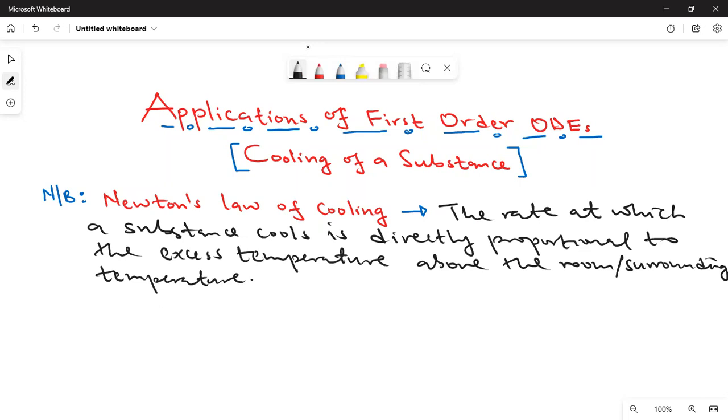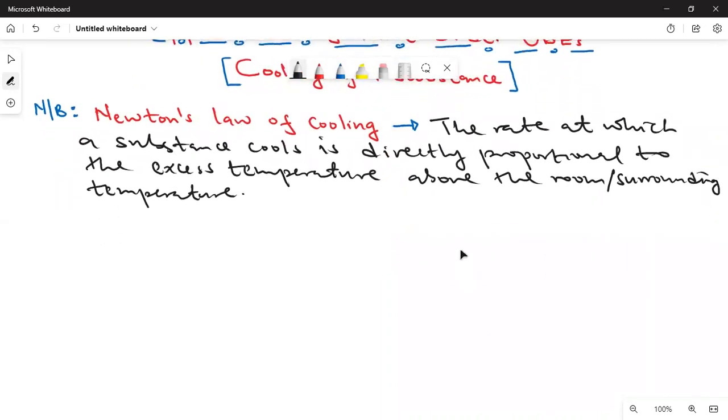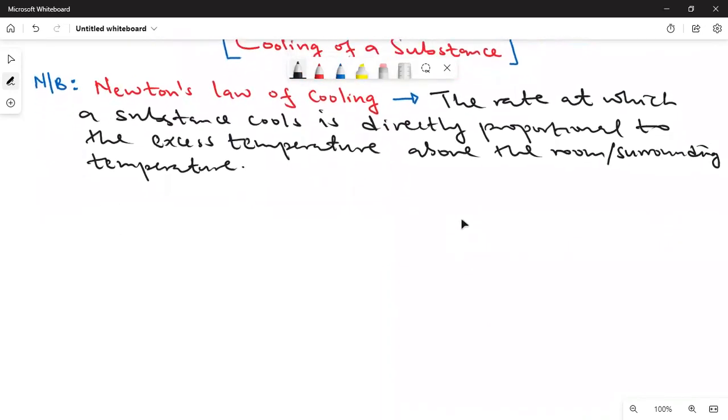Now, mathematically, how do we write it? You see, we are talking about temperature at time t. There's also room temperature, and there's also the rate at which that substance cools.